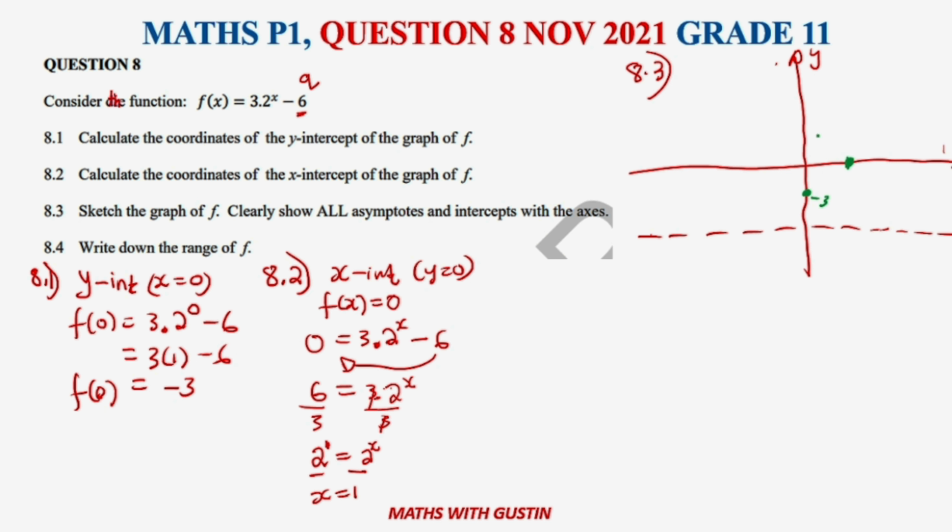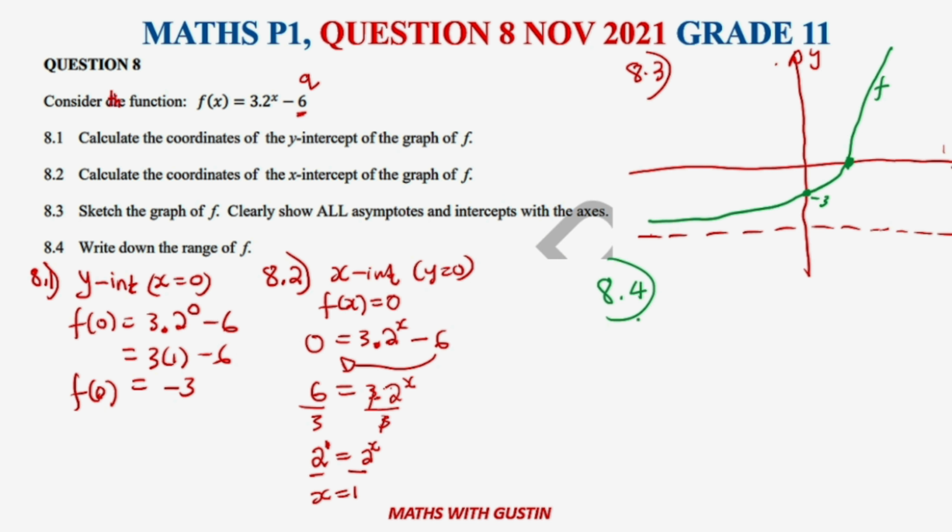Our a value is positive, so our function would look something like this, guys. Just going to plot it there. This is the equation of f, and that's how you would deal with that one. Easy, simple, straightforward.